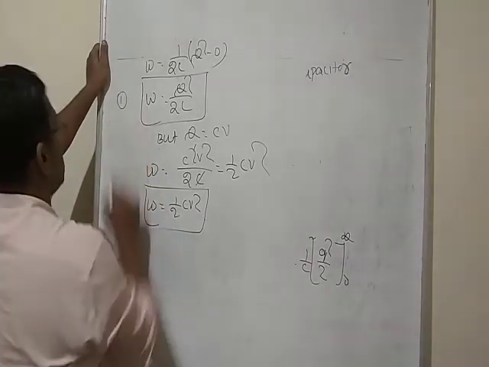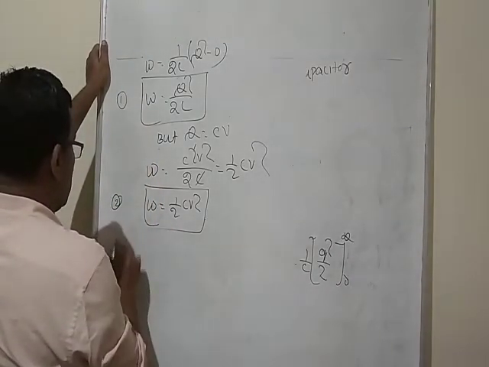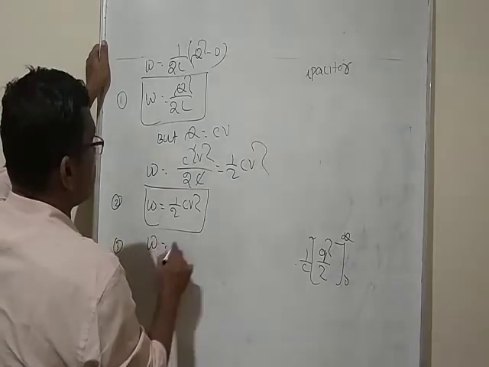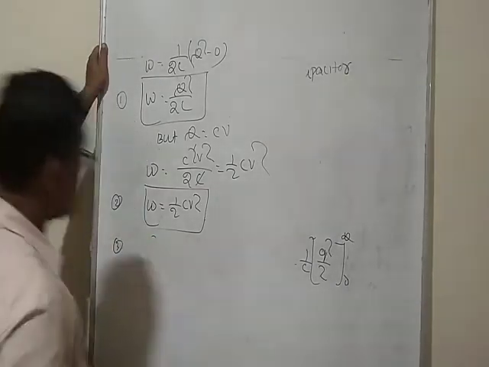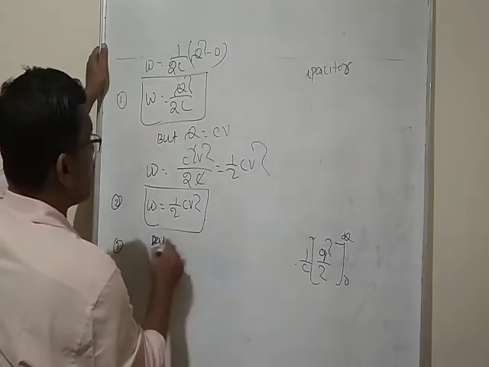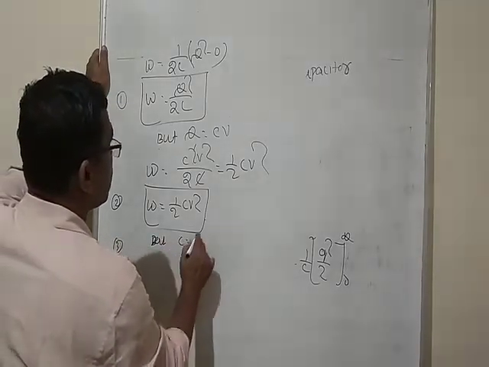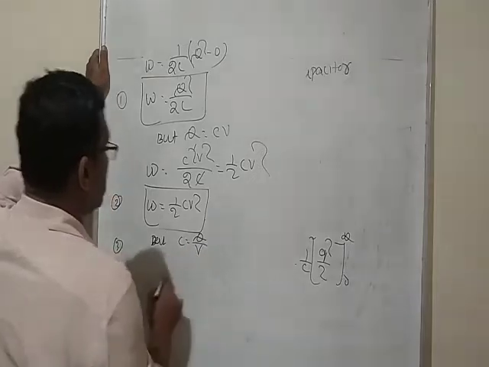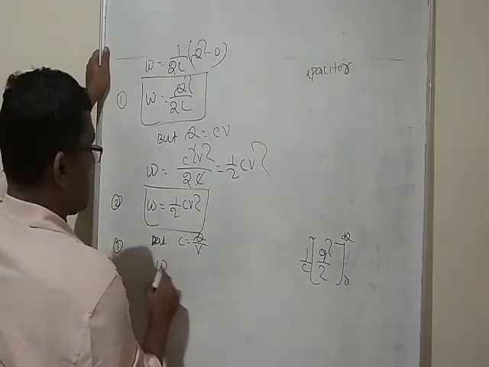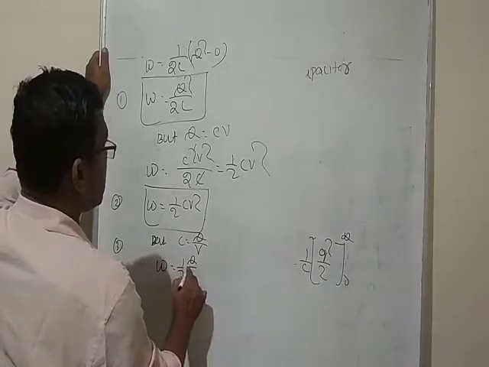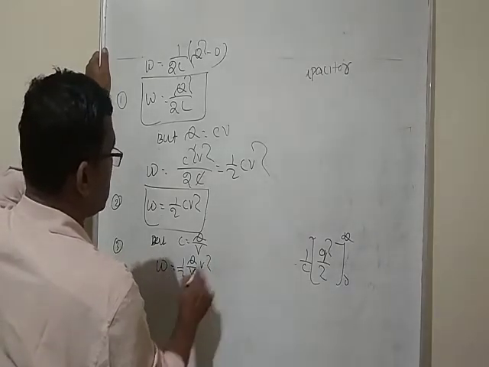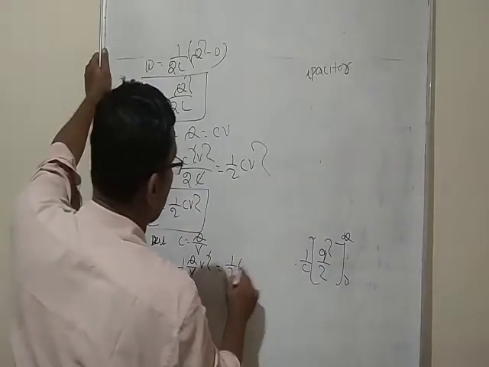Formula number 1, formula number 2, and formula number 3. But C is equal to Q by V. So W is equal to half C, which is Q by V, into V square, that is equal to half QV.